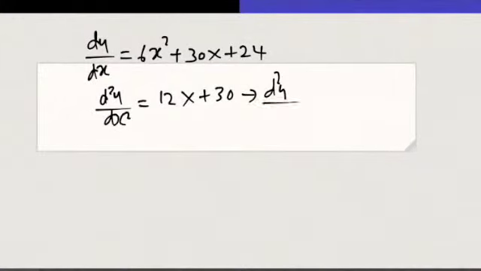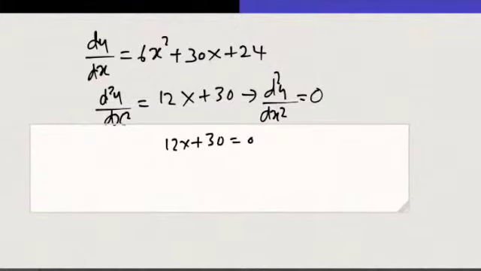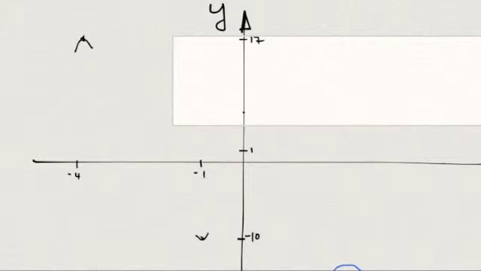So if you set d squared y/dx squared equal to 0, we have 12x plus 30 equal to 0, and if you solve for x we will obtain x equal to -30/12, which is -15/6, which is also equal to -5/2, -2.5.